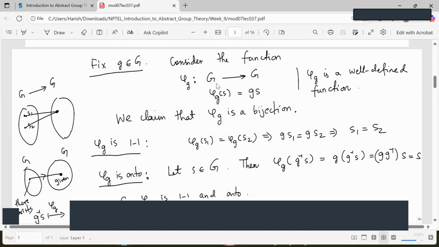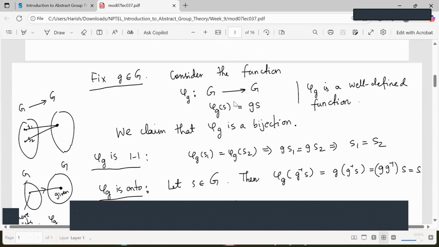Just keep one thing in mind: what is the goal? The goal is to see each element as a function on n many symbols, where n is the same as the order of G. So now we are trying to see each element as a bijection from G to G, right? Makes sense?